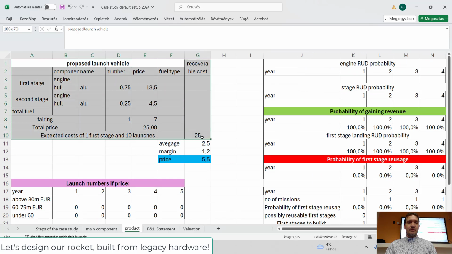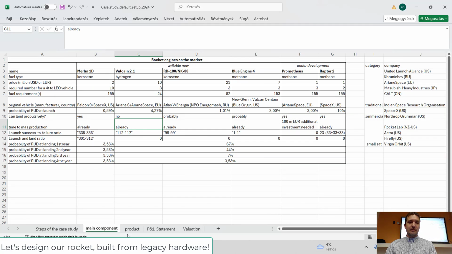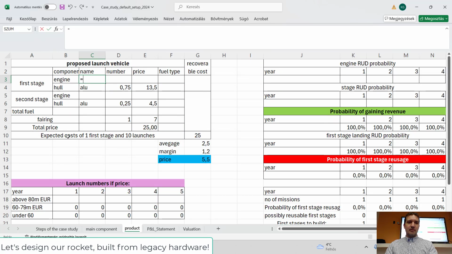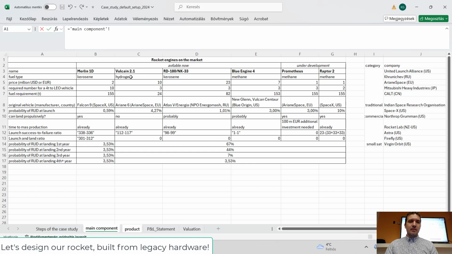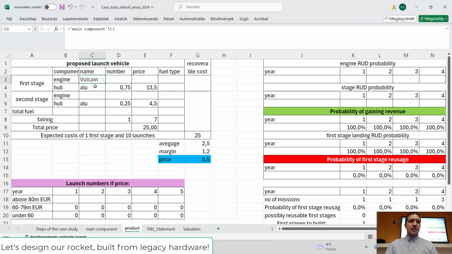Right now the engine should be something, so this something will be Vulcain. The number for the first stage, we know that it's 2. And to simplify things, we are using the same engine.